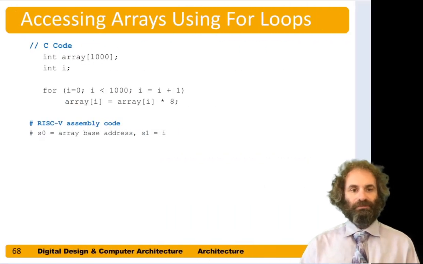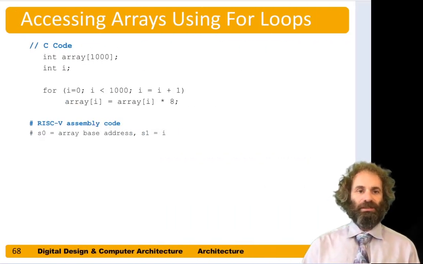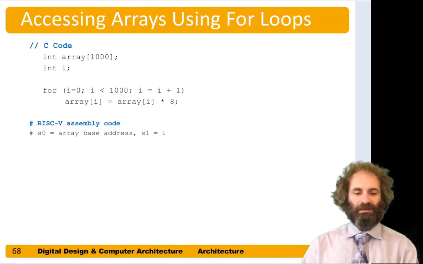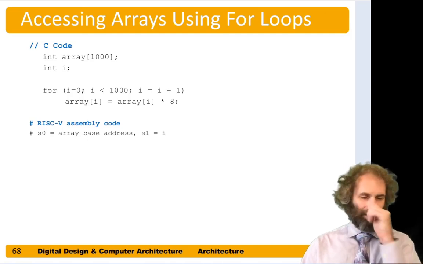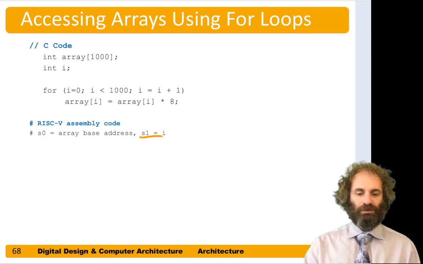All right, suppose we wanted to access an array using a for loop. So let's say we wanted to multiply every element of an array by 8. And suppose S0 already contained the base address of the array, and we'll use register S1 to hold the I variable.